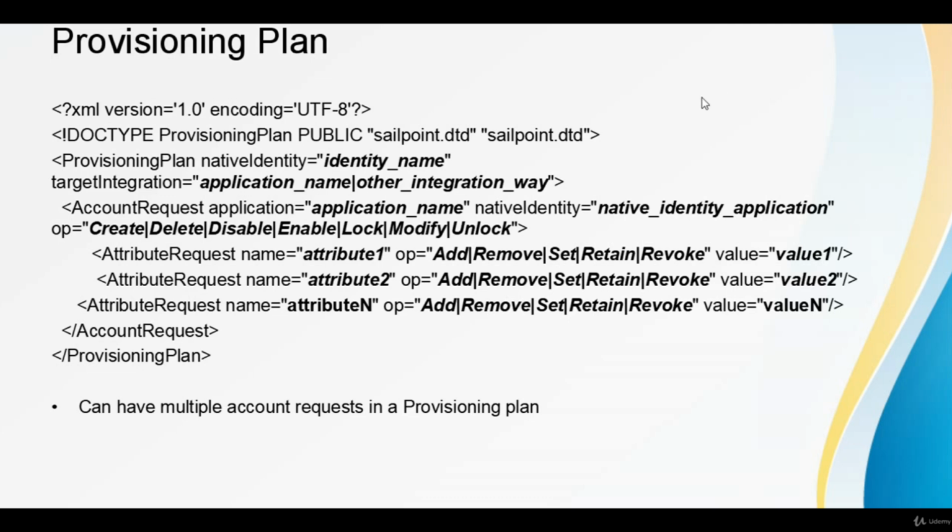So an identity can have many accounts. So that identity name we give at the top here in the provisioning plan. But that identity can have an account in AD, in Salesforce, in ServiceNow. It can have access to many different applications.